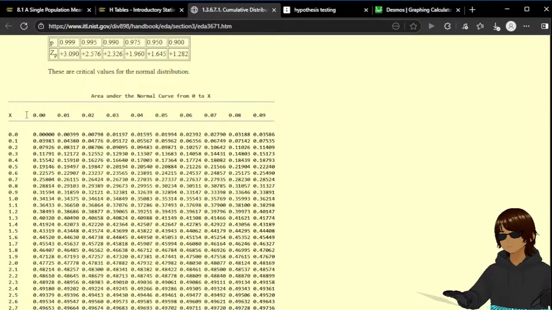Area under the normal curve from 0 to x. What is this table? So from 0 to 0. I don't understand this table. Area under the normal curve from 0 to x.